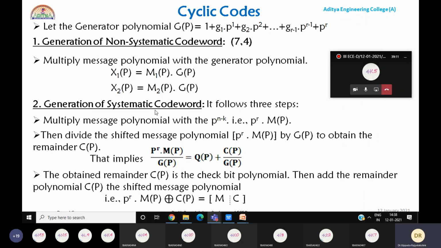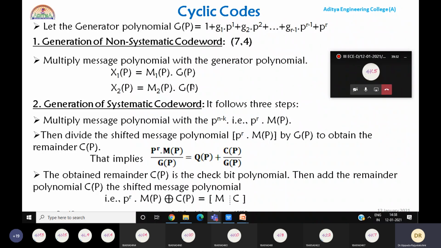So whether you make use of the systematic or the non-systematic procedure, you will generate the code word. Using the non-systematic procedure, just directly multiply the message polynomial with the generator polynomial to get the code word.